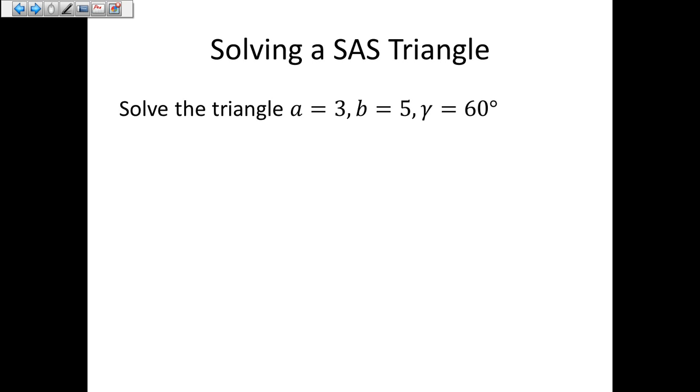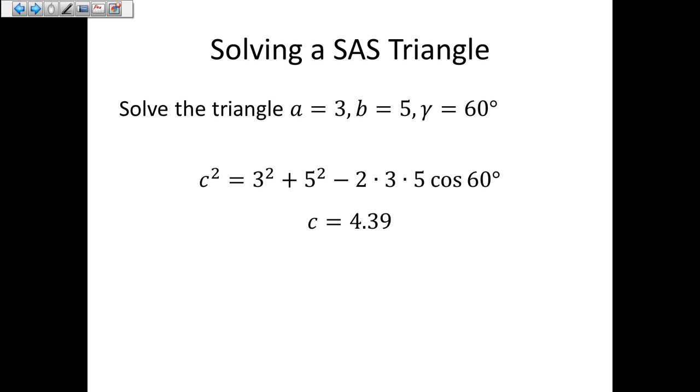So this is one that the law of sines can't even start to touch. But with the law of cosines we can. We can solve for C as our first step. So we plug everything into the proper version of the law of cosines in order to solve for C, and we get C equals 4.39.